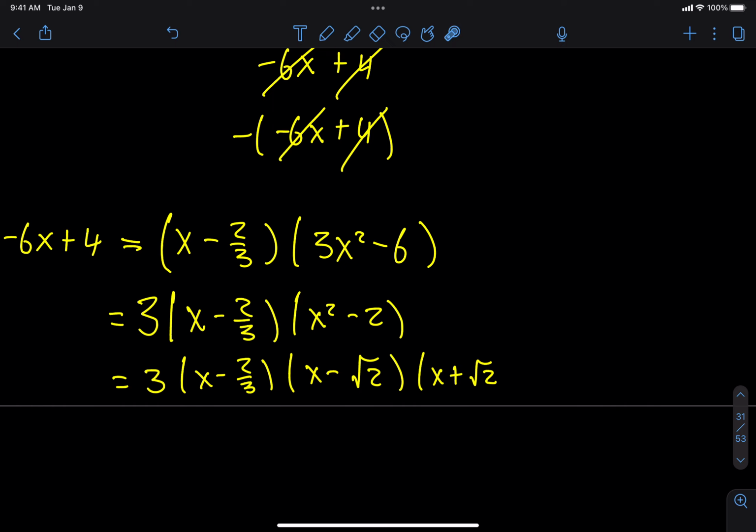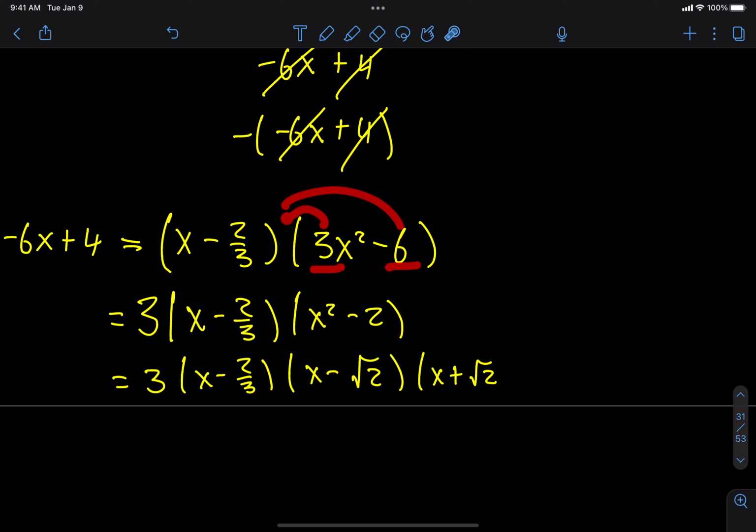How are we able to bring the 3 out front if it's not in the x minus 2/3? So this has a 3 and this has a 3 in it. So I pull those out here. I divide both of those two terms by 3.